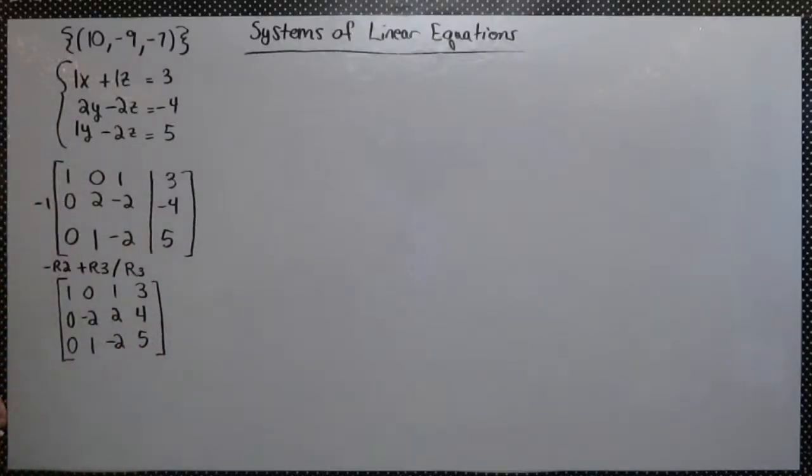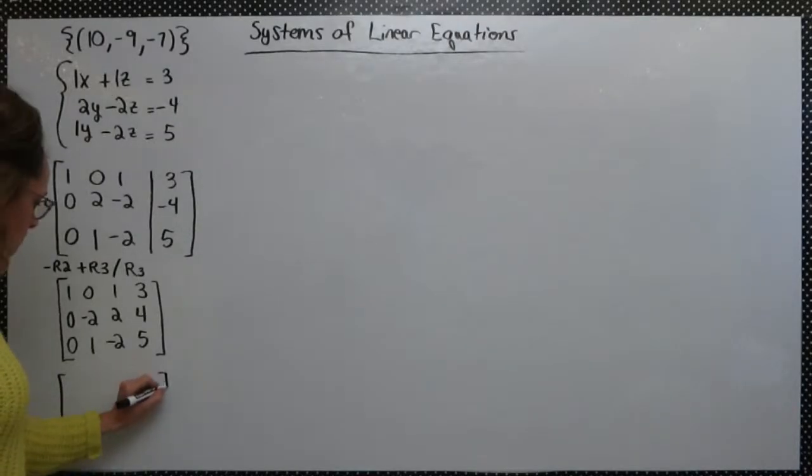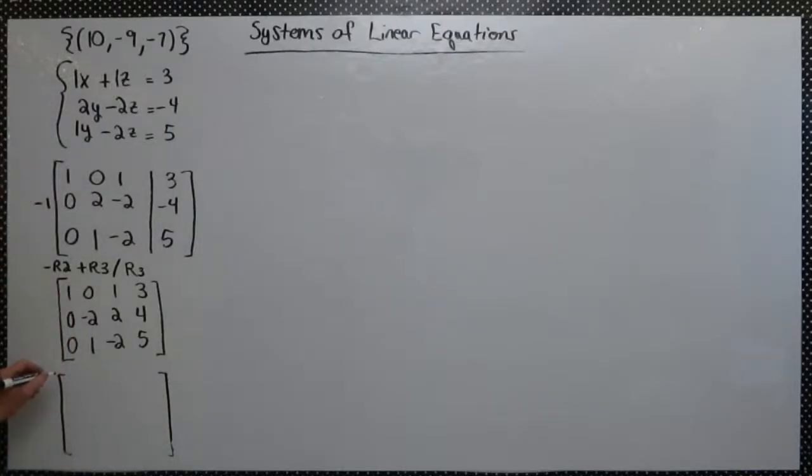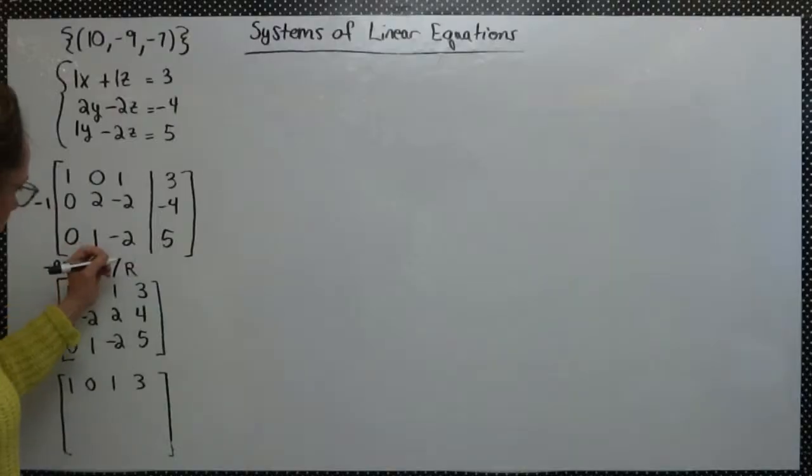All right. And then you see when you add row 2 and 3, you're going to get 0 here. So let's add them. Again, copying down the first row because we're not making any changes: 1, 0, 1, 3. Then we're adding these two, and I think we're going to replace row 2.